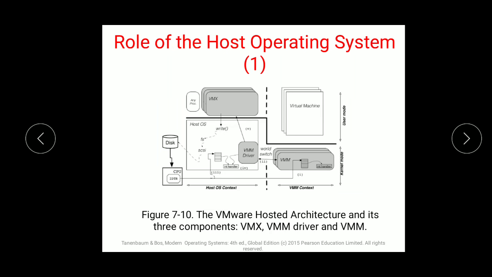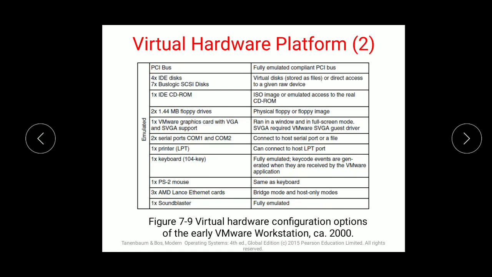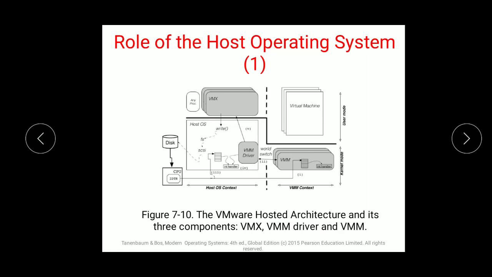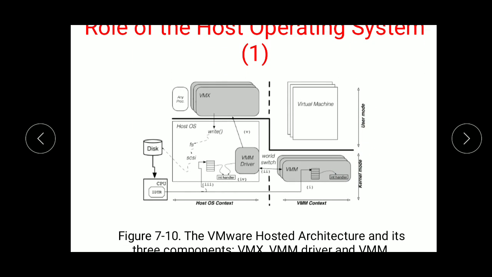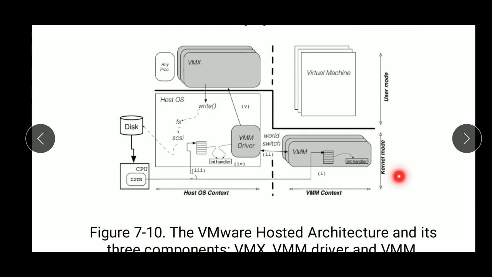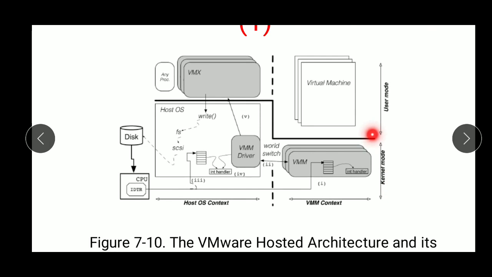Next is the role of the host operating system. When they say here that your host operating system is managing your 512 MB data, that is the dynamic RAM, how is your host operating system working for your virtual machine? So, the role of a host operating system. See here, this is my kernel mode and this is my user mode, and in these two modes I have two parties working, that is my virtual machine context and my host operating system.